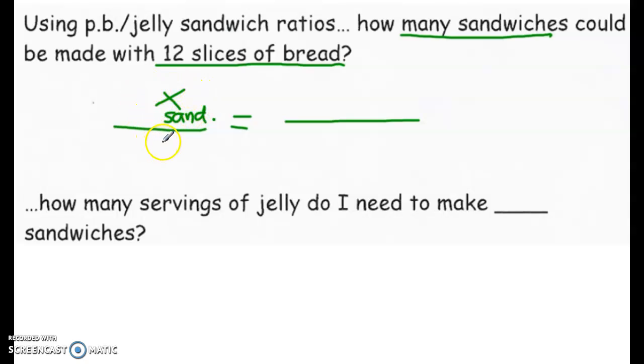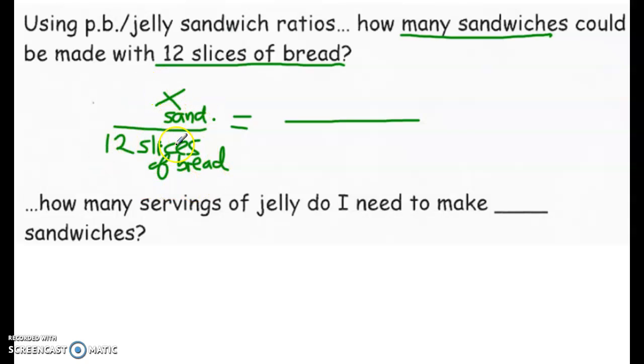On the bottom, the denominator on the left is always the information you currently have. So on the bottom, I'm given information about 12 slices of bread. The top numerator on the left is what we're looking for.